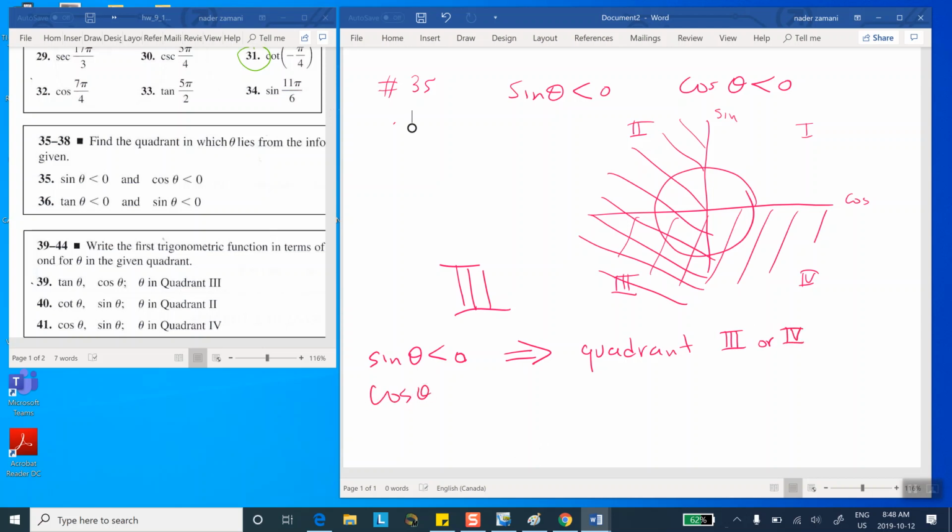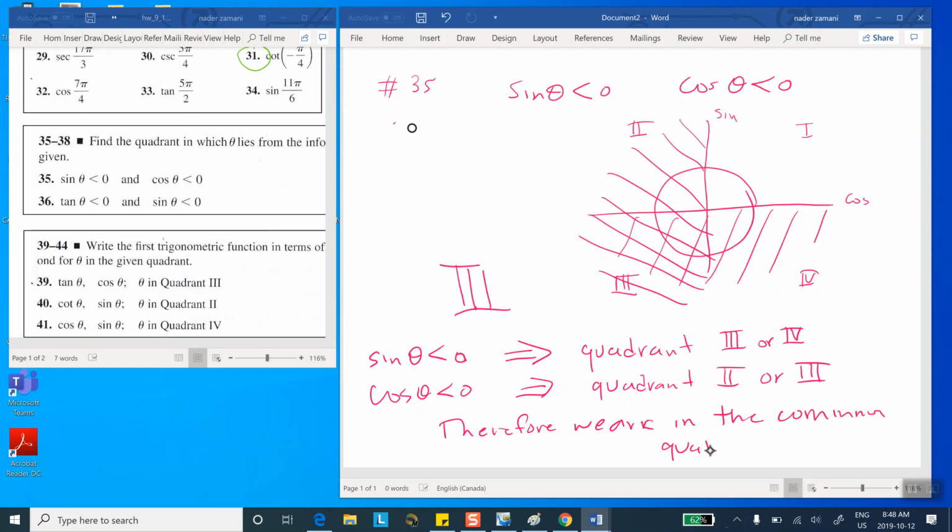Cos theta negative implies that we are in quadrant 2 or 3. Therefore, we are in the common quadrant, 3.